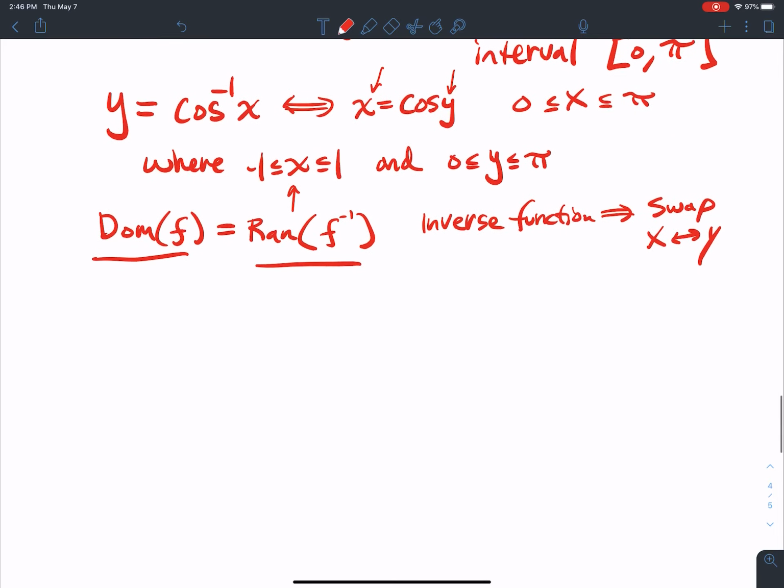So let's try to graph this. I'm going to graph cosine.